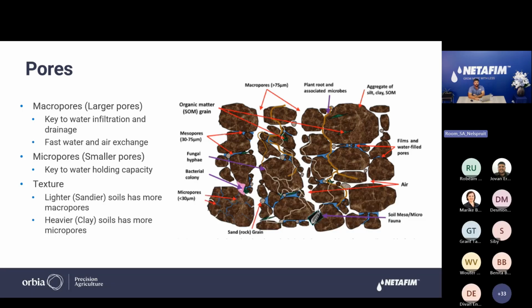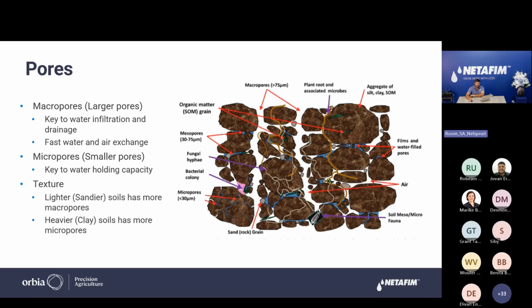These micropores are very important because when they are spaced in between the clay particles, they hold on to a lot of water, and that's where the plant gets its, what do you call it, I'm going to call it a buffer, and that water holding capacity. So as you can see on this picture, it's a very complex illustration.